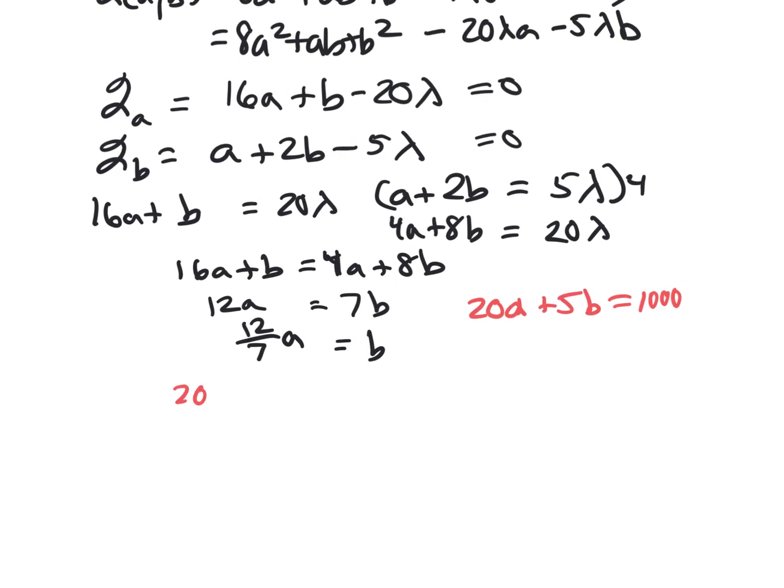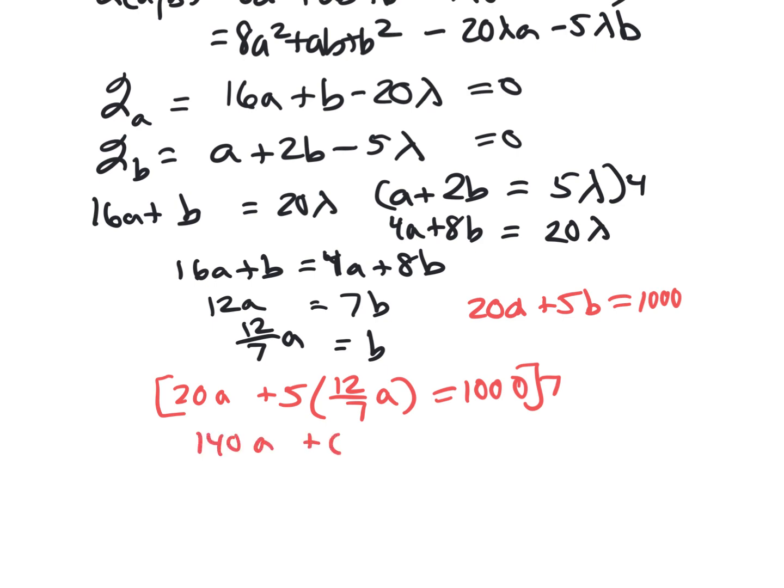We've got 20A plus 5 times B in terms of A, 12/7 A, equals 1,000. So I'm actually going to multiply both sides by 7 so I don't have to work with fractions. So 140A plus 60A equals 7,000. So 200A equals 7,000. When I divide, I can cancel out 2 of the zeros, so A is going to be 35.